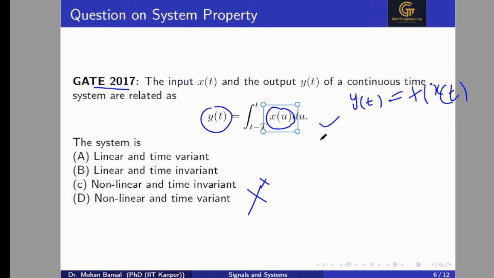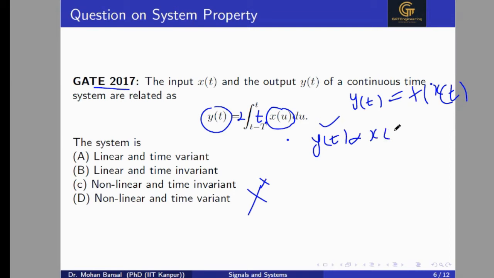Okay, if the same system is given like this, with t multiplied into x(u) du, then we can say that this system is time variant. If somewhere we write 2t here, this system will become time variant. For linearity, y(t) is proportional to x(u), or y(t) is proportional to x(t).